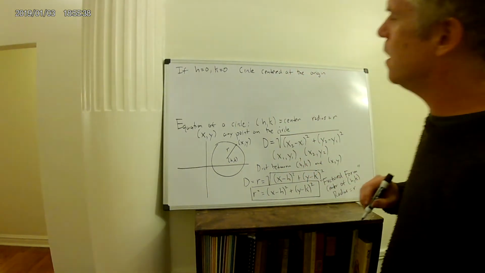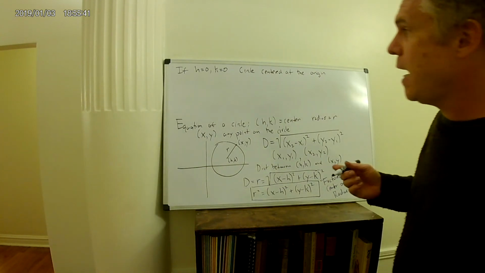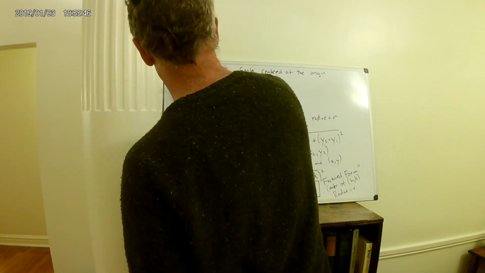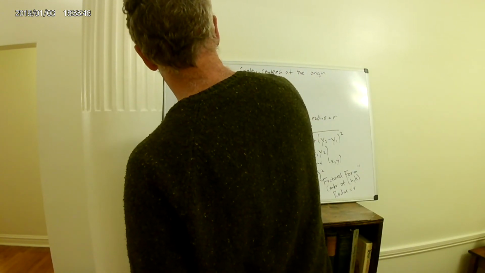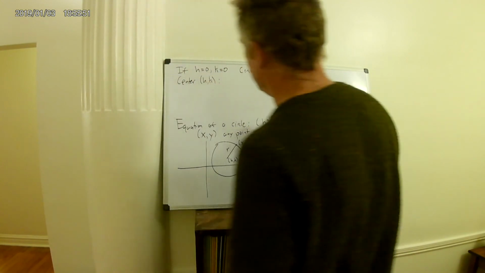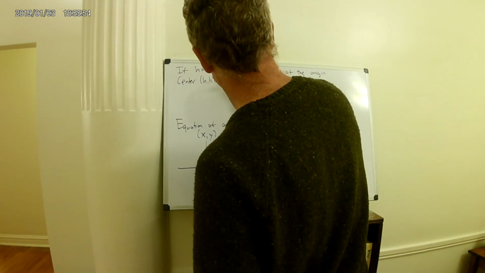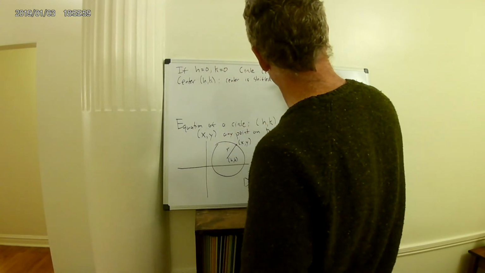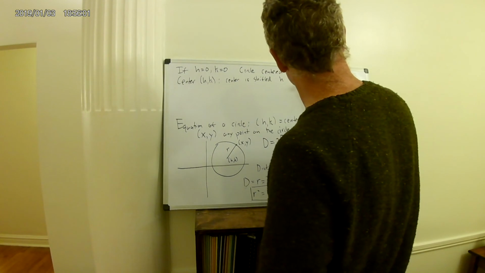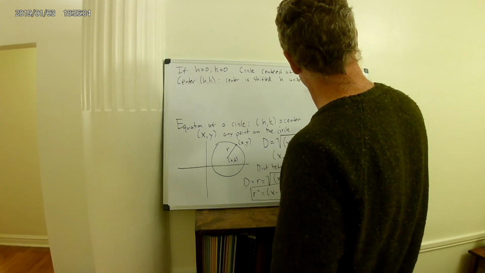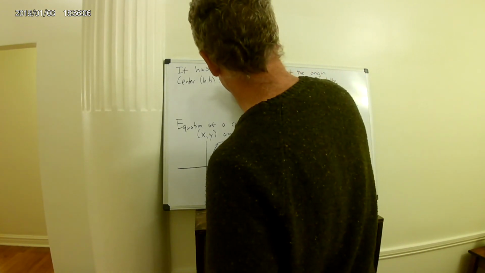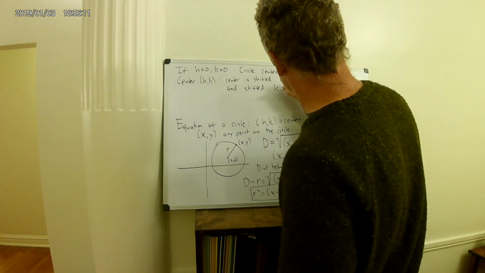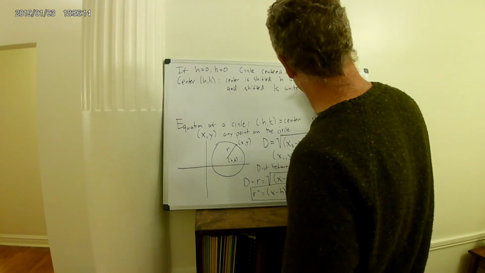And then if you have a circle with a center (h, k), that means that it's shifted. So if you have a center (h, k) for your circle, that means the center is shifted h units horizontally, and it's shifted k units vertically.